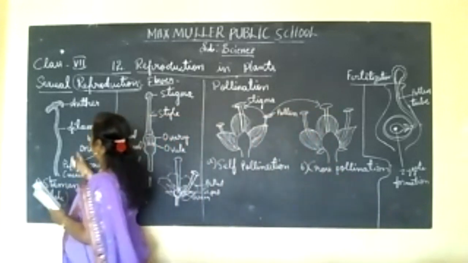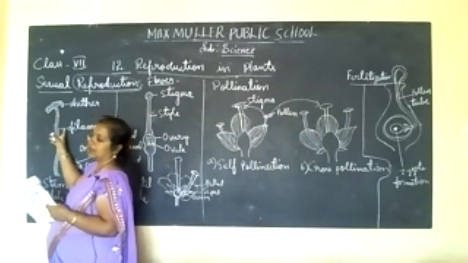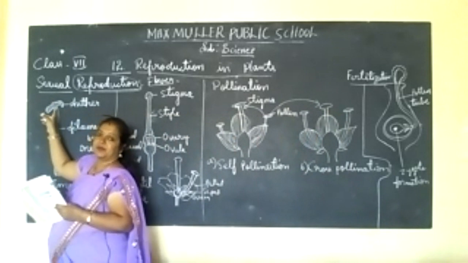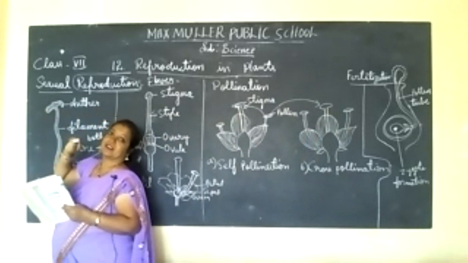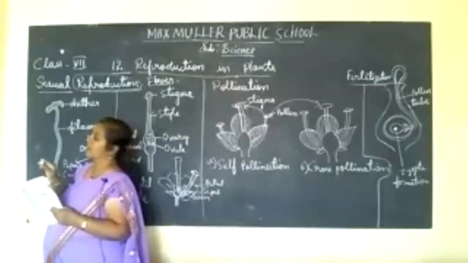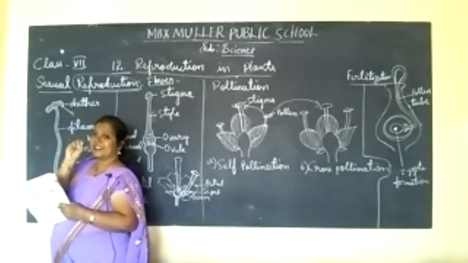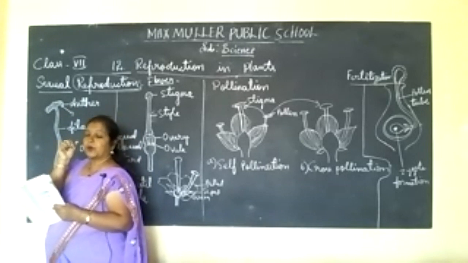This stamen has a stalk-like structure. We'll call it the filament. The upper part we'll call the anther lobe. In that anther, small seed-like or dusty things are there. It is a powdery thing.